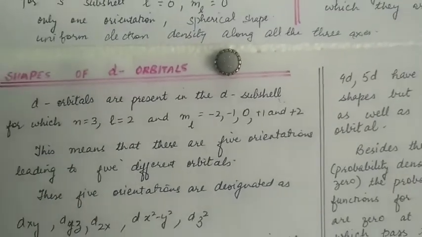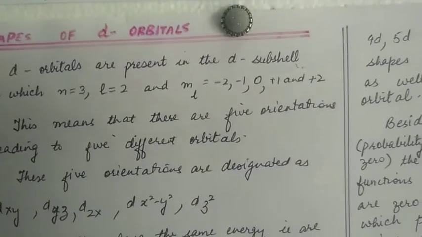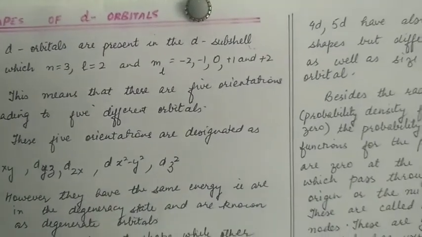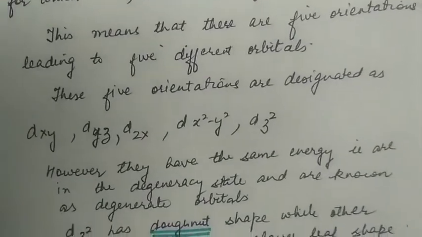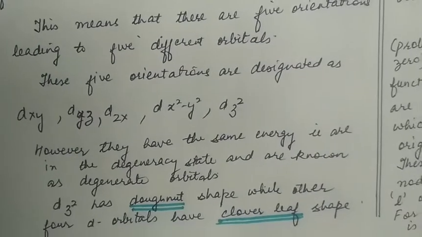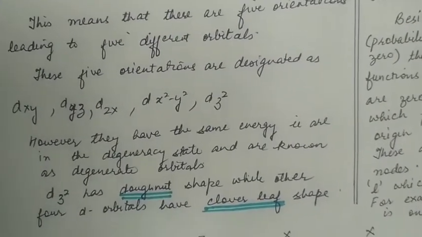This means that there are how many? 5 orientations leading to 5 different orbitals. And these 5 orientations are designated as dxy, dyz, dzx, dx square minus y square and dz square.